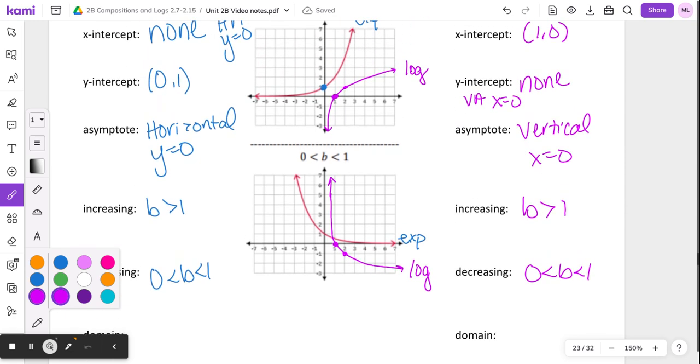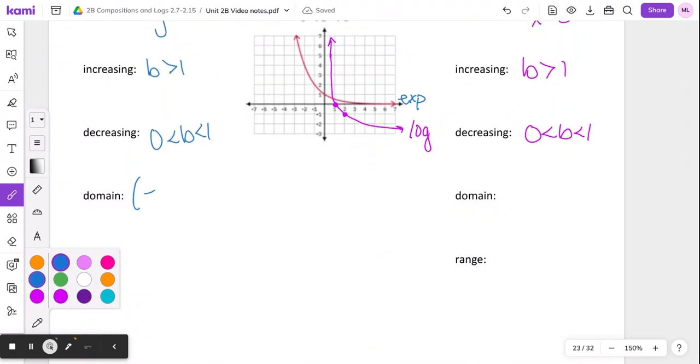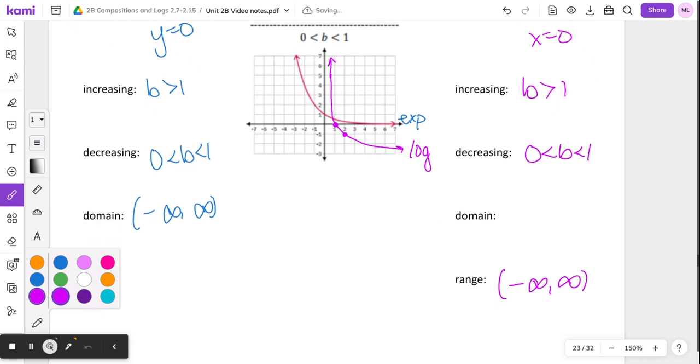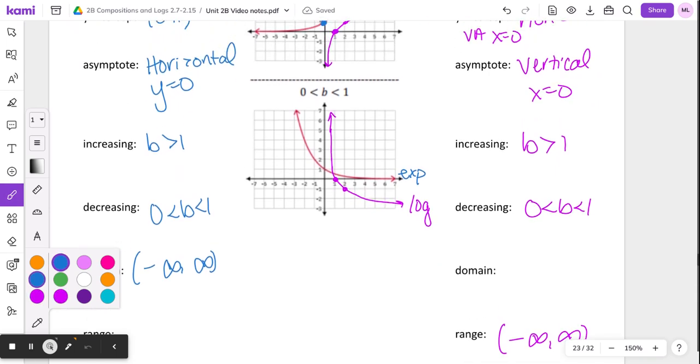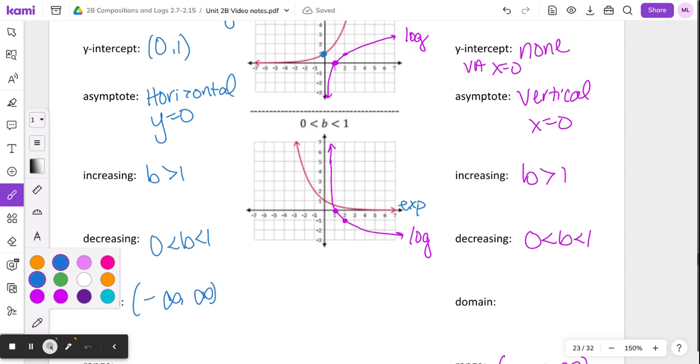For both of them, your exponential has a domain of all real numbers. So that means the log has a range of all real numbers. For our exponential, the range starts at 0 because of the horizontal asymptote.